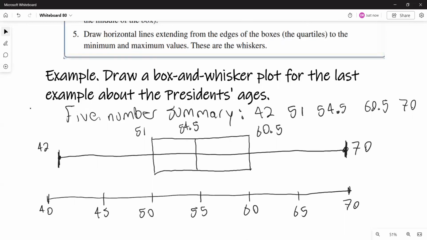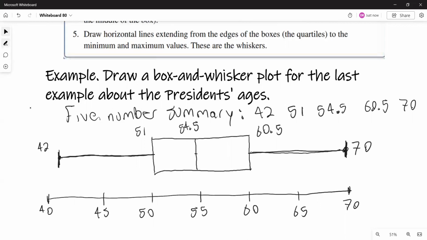The whiskers are going to be this and that. And we don't need the whiskers crossing the box, just the line dividing the box.